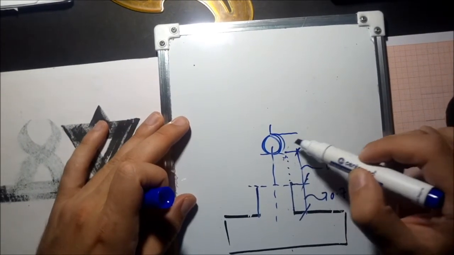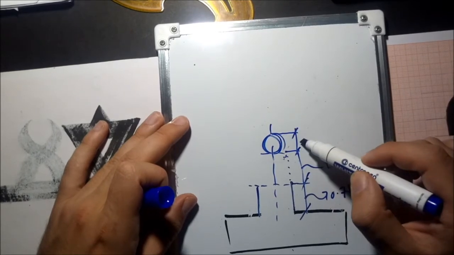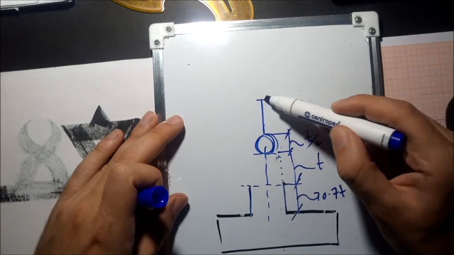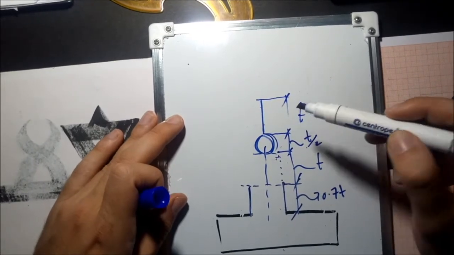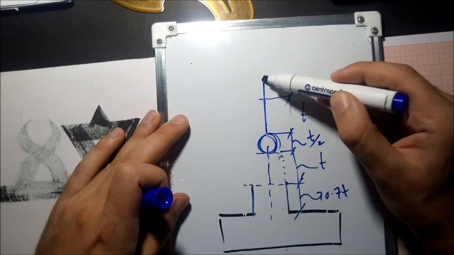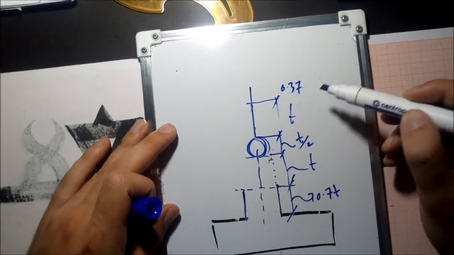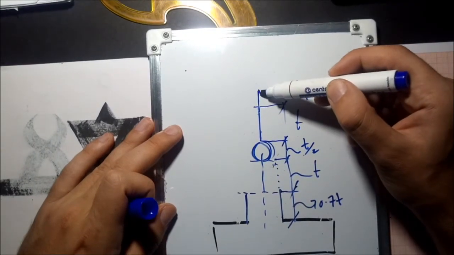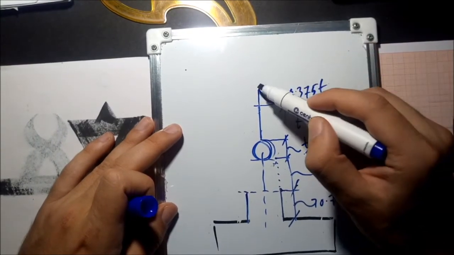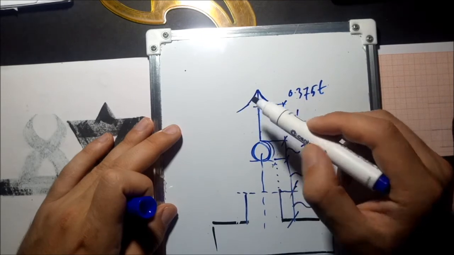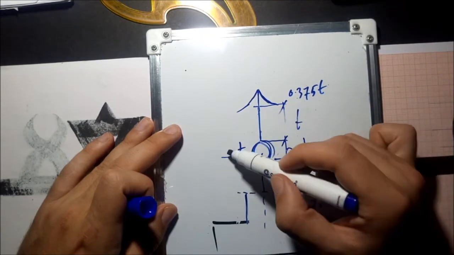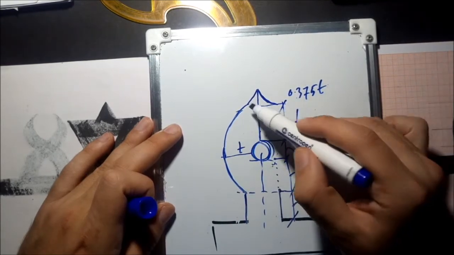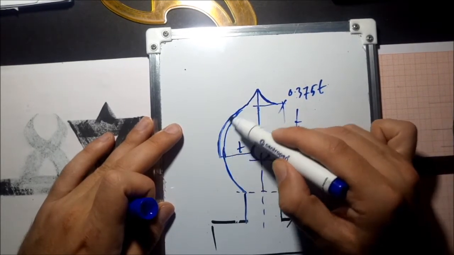After that, the circle is half T, T over 2. After that we left another T right over here. After that, for the decorative move, we added 0.375 T. So right now we can have the shape that would look like this, because we are going to add T right over here, and this will intersect with this one, and after that it will go back, but it will be actually a bit fatter than this.